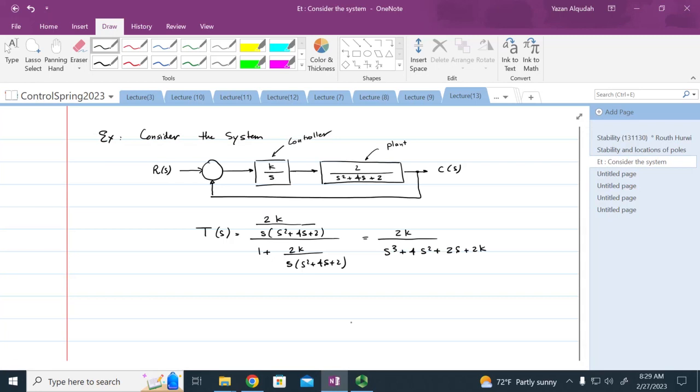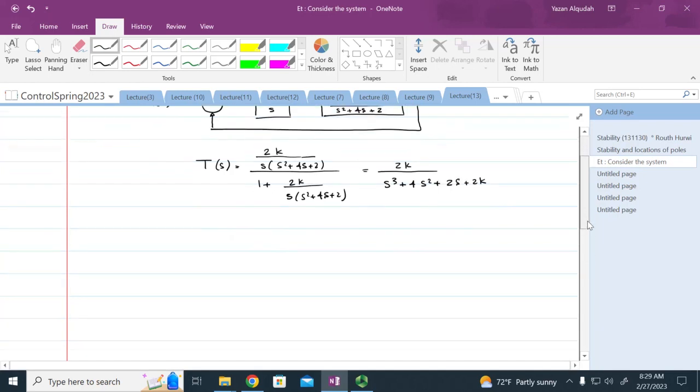Now when we look at a system like this, the plant itself might be unstable, but what we are interested in is the closed loop system to be stable. So how do we determine if the closed loop system is stable? Check the input?